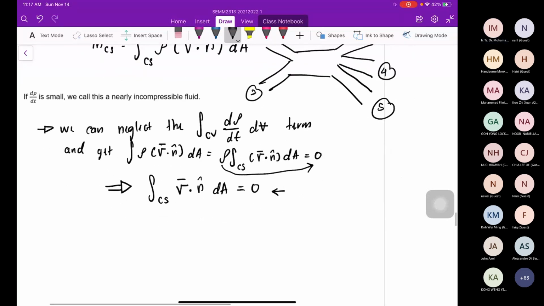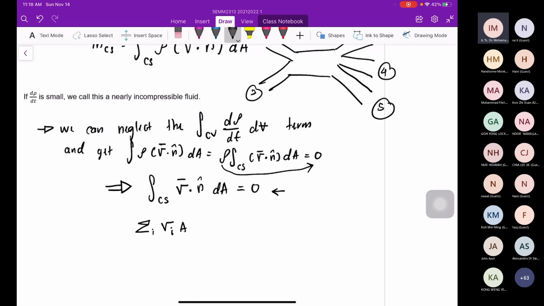Okay. So now when we consider multiple inputs and multiple outputs, we have inflow and outflow. So we can write the flow like this. The summation of inflow, velocity at 1 multiplied with the area, where the velocity must be perpendicular to the area.